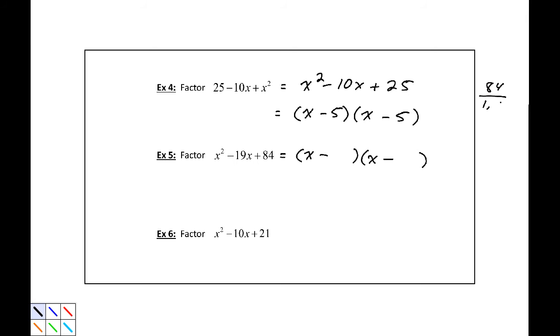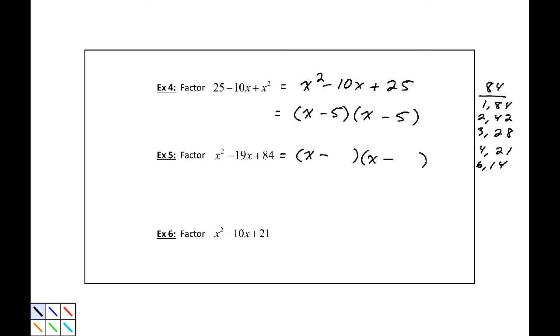1 and 84, 2 and 42, 3 does not divide into that. Well, let's make sure of that. 84 divided by 3 is 28, so actually 3 and 28. 4 and 21, 5 does not. 6 and 14.